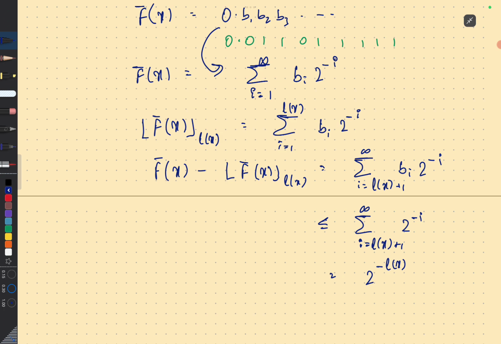Right, so these turn out to be the code words. And if you notice carefully, this forms a prefix-free code.